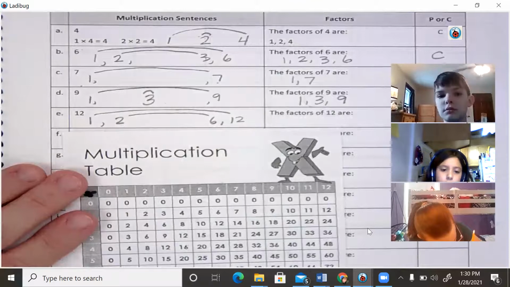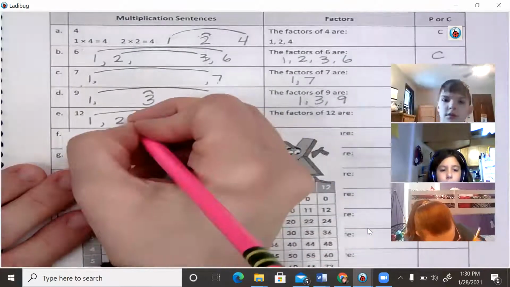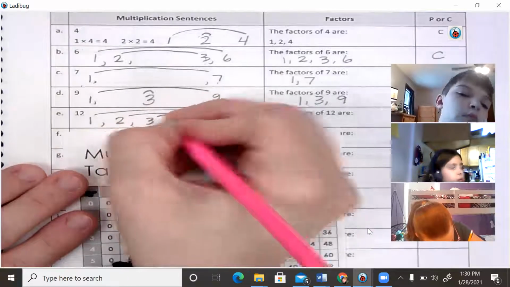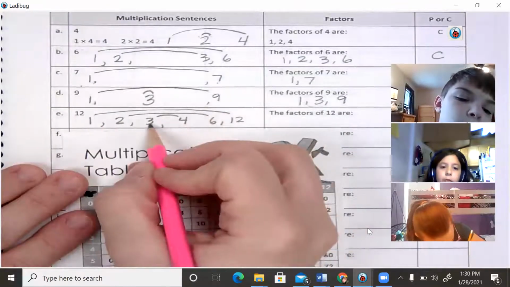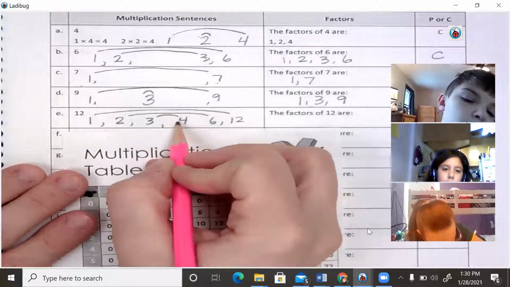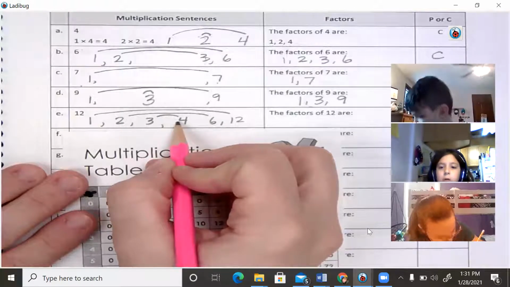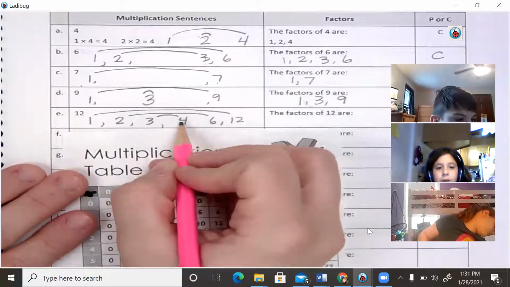Does 3 times anything equal 12? Yes, you can do 3 times 4. After 3 comes what number, Bella? 4. But we already know 4 times what equals 12? No, 4 times 4 equals 16. What's 4 times connected? 3.